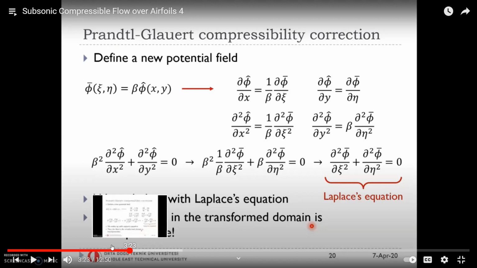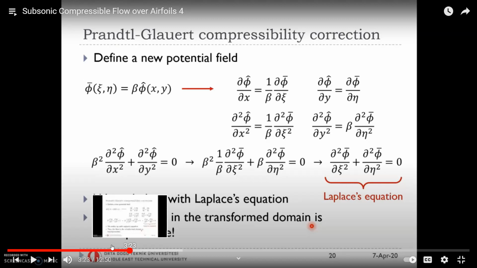Because if the solutions are related, for example, pressure coefficient is one of the solution parameters. So the Cp value that we obtain from incompressible flow must be related to the Cp value that we obtain from this equation. So what is that relation? That was what Prandtl and Glauert were after. That's why they call it compressibility correction.